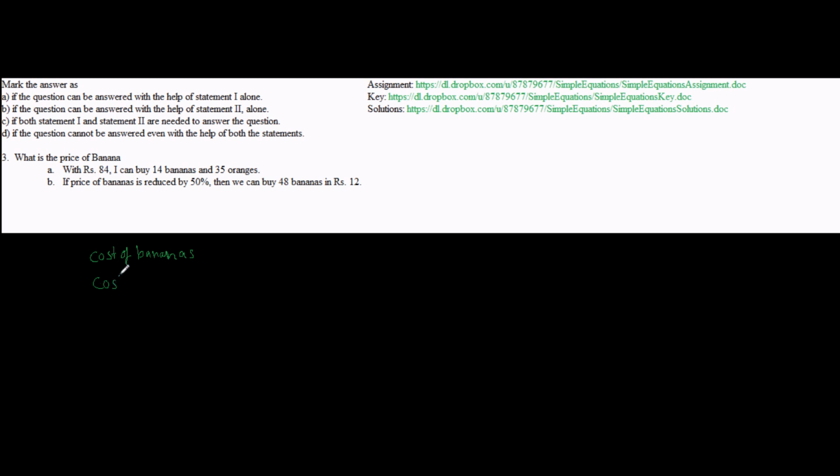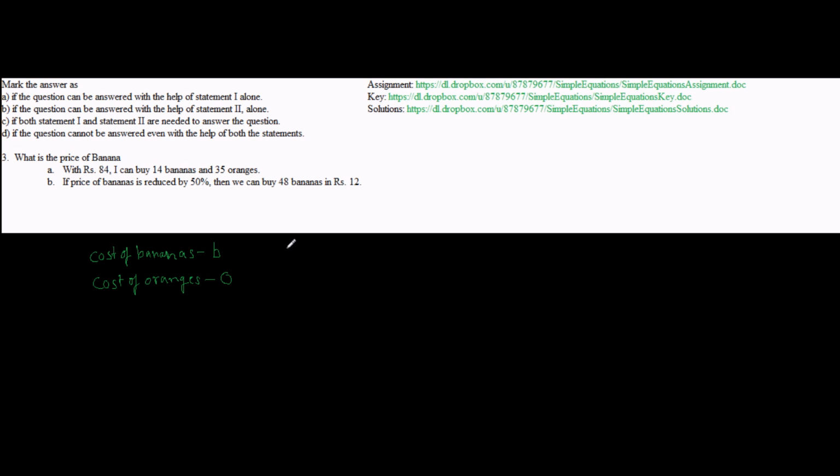Similarly, the cost of oranges is not given. Let me assume the cost of bananas as B, because B for banana is a very intuitive variable to take, and the cost of oranges is O, once again for the same reason.